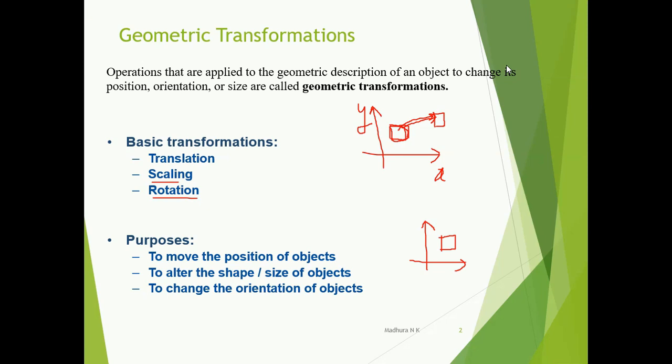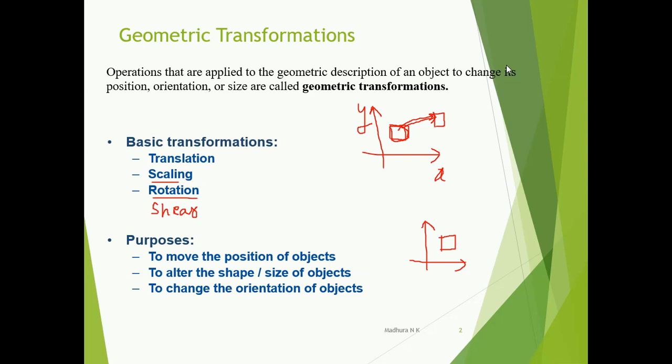Another basic transformation we have is called shearing, the shear effect. Shearing means that if you have an object, say a cube, and you are going to deform that object or change the shape of the object, then we call it shearing.